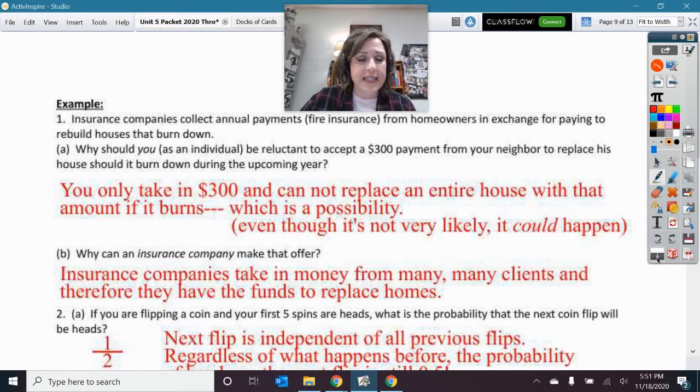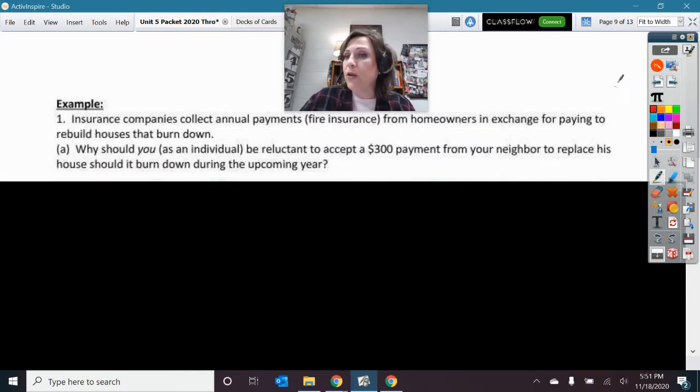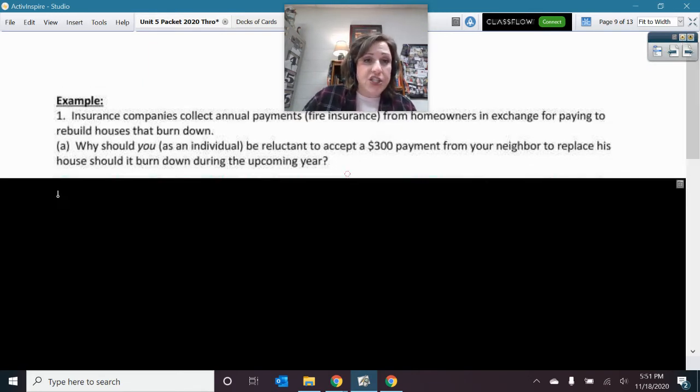All right, let's take a look at this example and talk about other components in real life that bank on the probabilities. Insurance companies collect annual payments for fire insurance and many kinds of insurance from homeowners in exchange for paying to rebuild a house if it burns down.